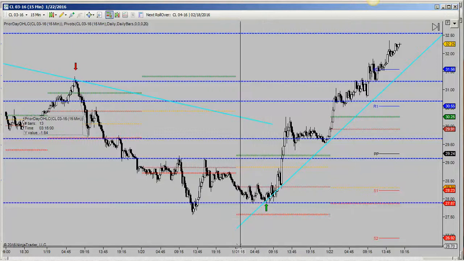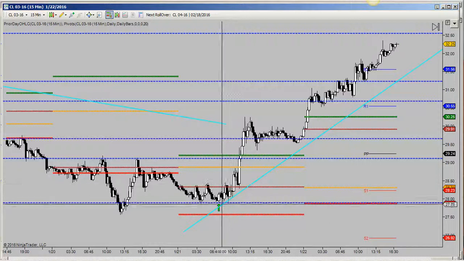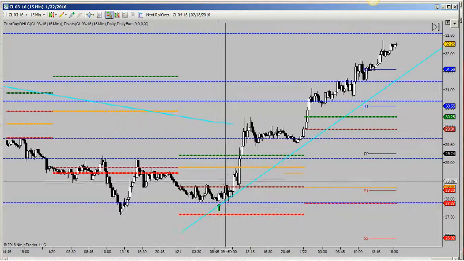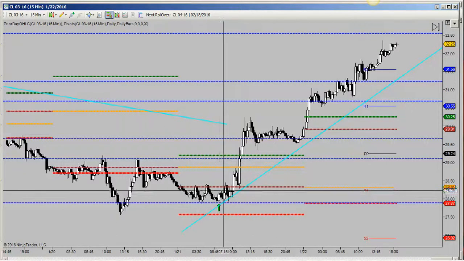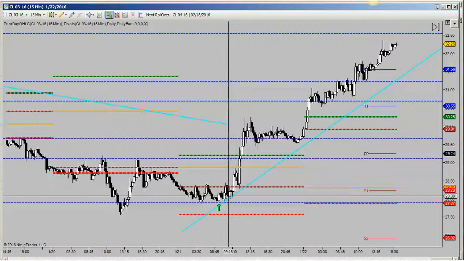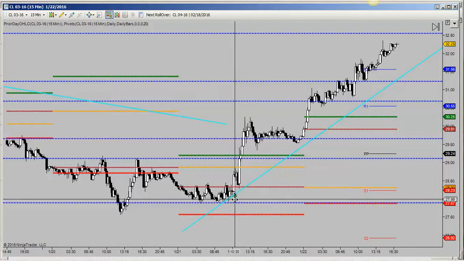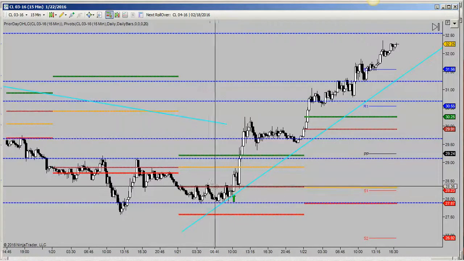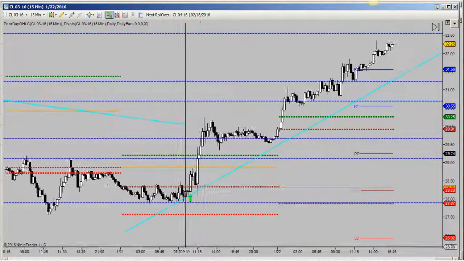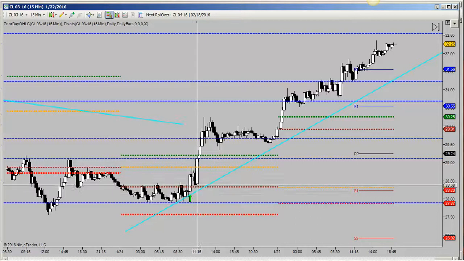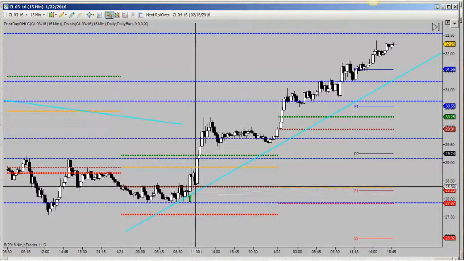Well, right at the top of this level here, previous close was acting as resistance all morning, and then right at this candle here, that's when resistance at this level was broken, and you can see how there was some selling activity here, and they came back and retested that level, and resistance became support.